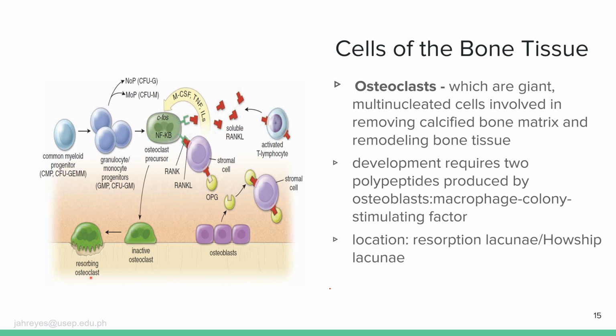When they are already activated, your osteoclast will have three distinct specialized regions that contribute to their function. We can refer to them as the ruffled border, the clear zone or sealing zone, and the basolateral region. Those three regions, I want you to look up and differentiate.